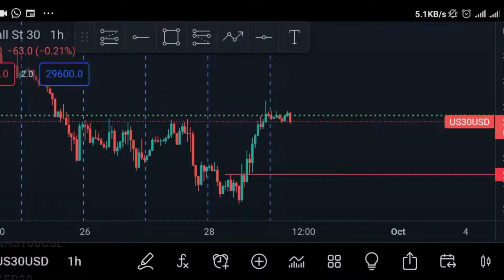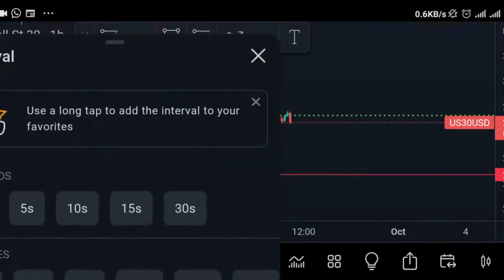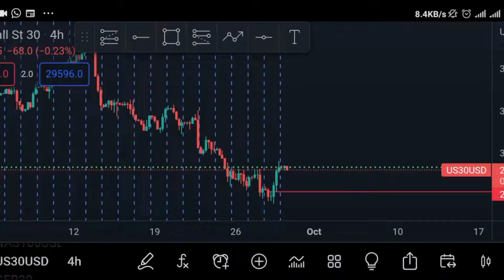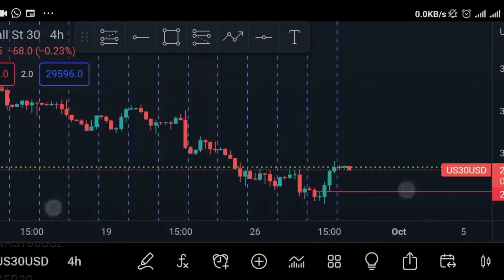London session is going to start in 2 hours' time, so let me just give you a forecast of what might happen today. As we could tell, yesterday's trend was an uptrend. We just want to look at the overall price action, so let's go to the 4-hour time frame to understand the whole trend.